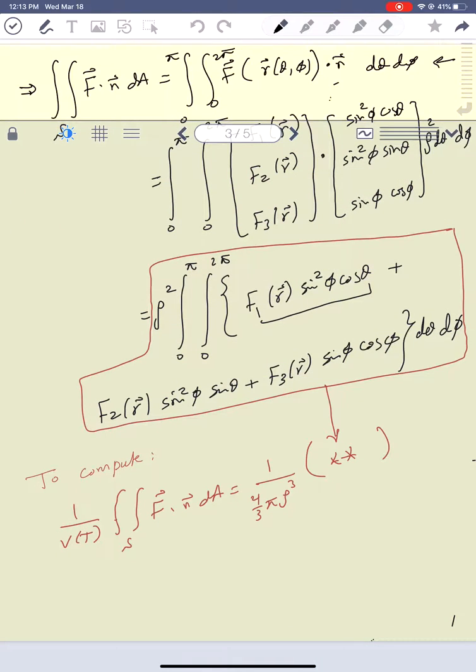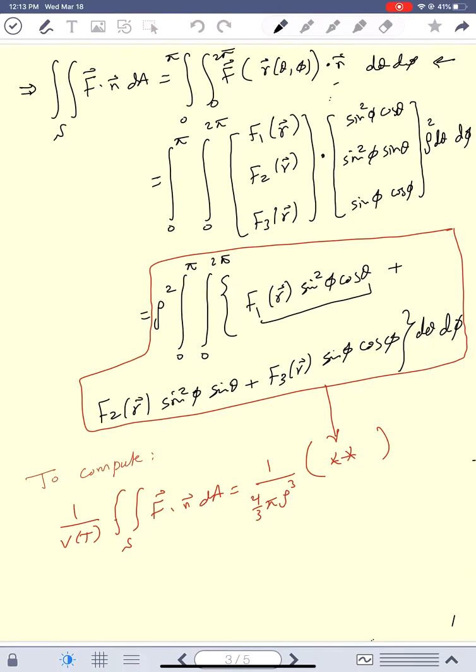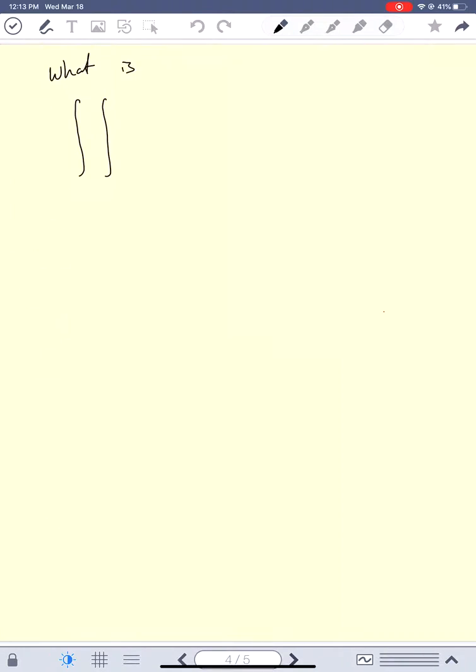So if I take only the first quantity, I take f1 times sine square phi cosine theta, d theta d phi. The phi is from 0 to pi. The theta is from 0 to 2 pi.